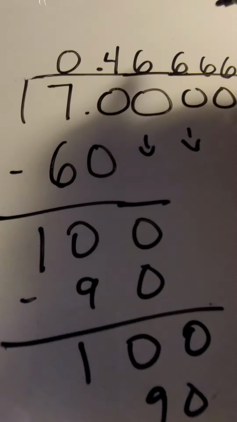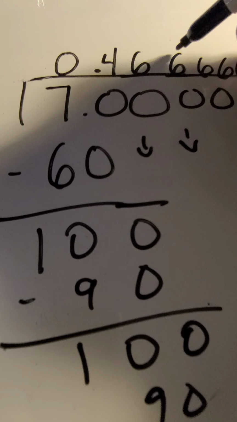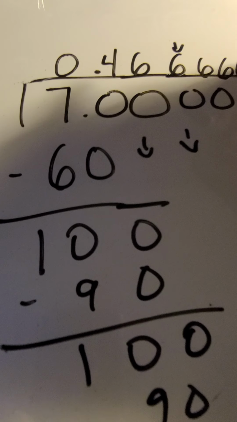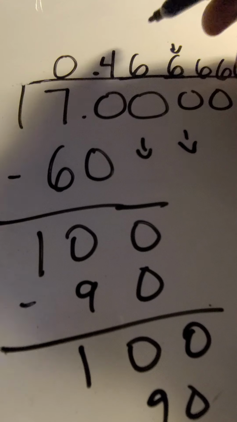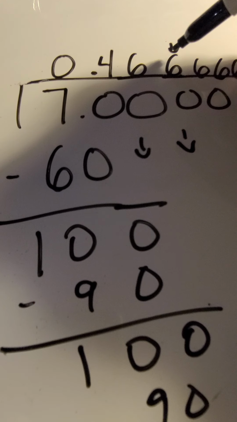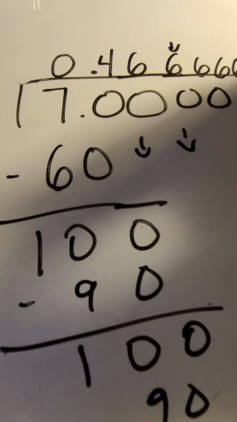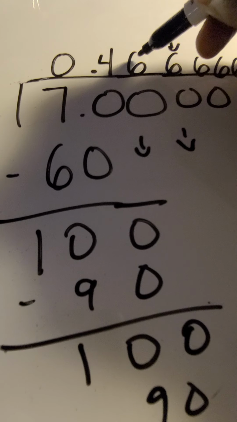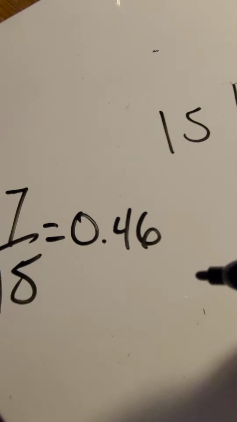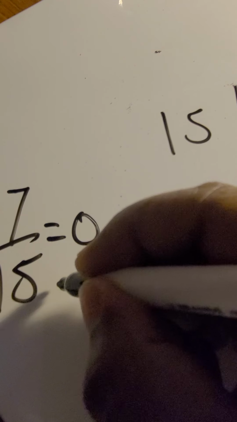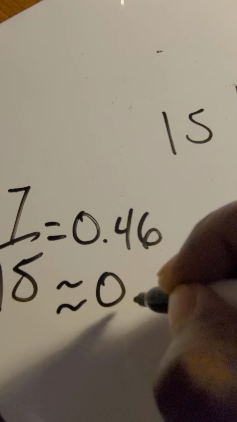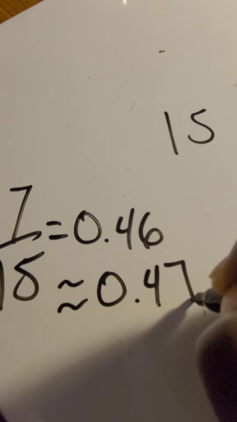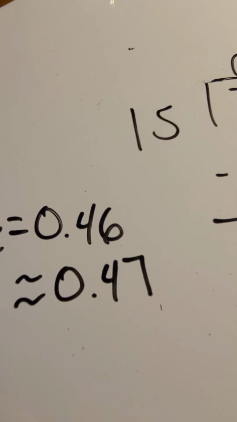So rounding to the nearest hundredth, we're going to take this number here, use this as our indicator whether to round this number up or down, and 6 is greater than 5, so we're going to round this 6 up. Okay, so this is roughly 0.47.